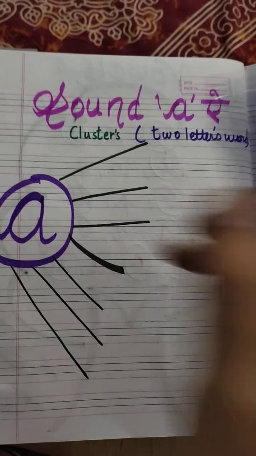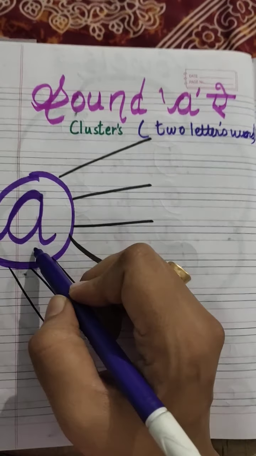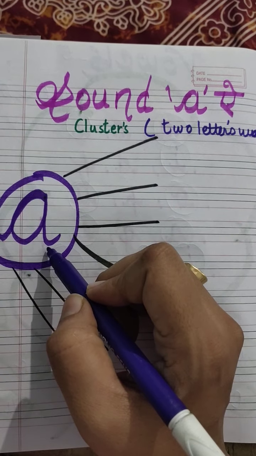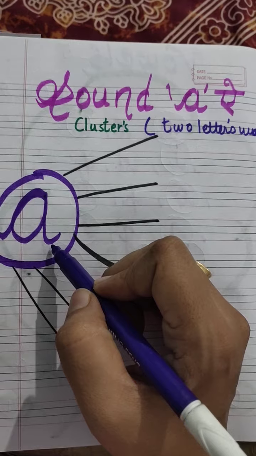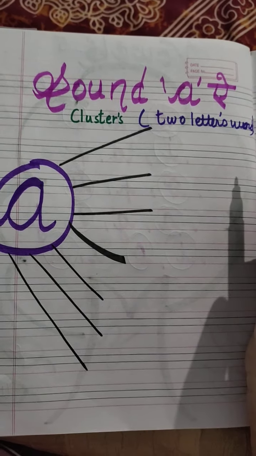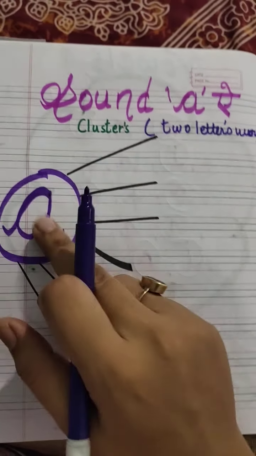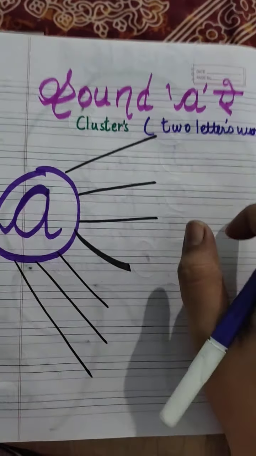Okay, so the first letter is our vowel and the second letter is our consonant.